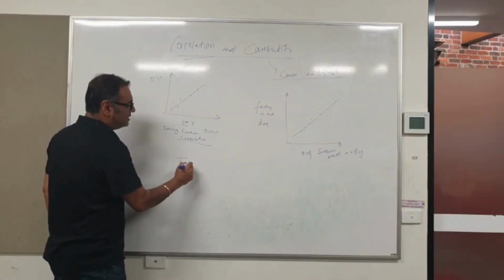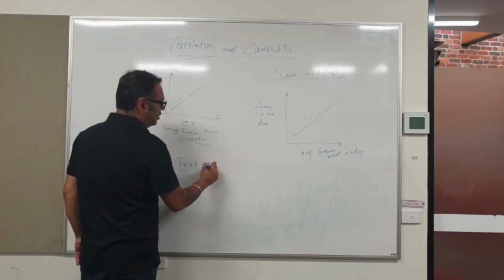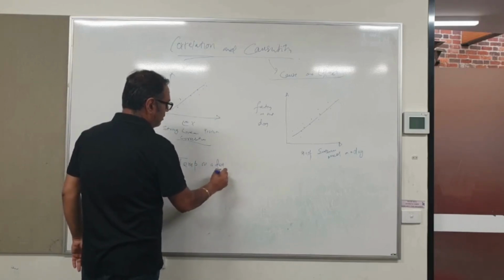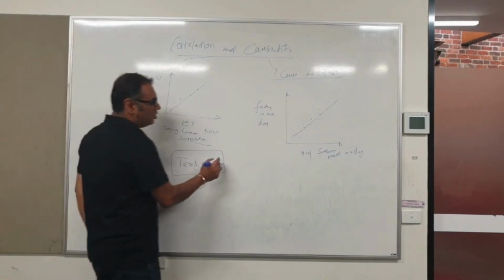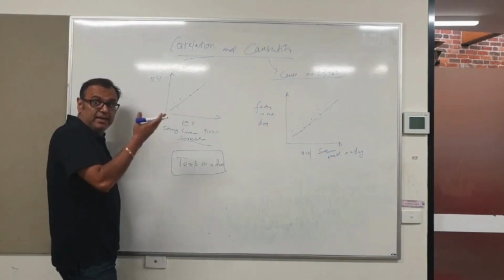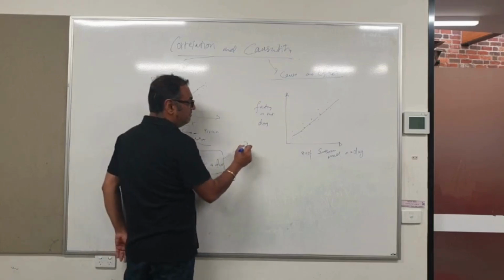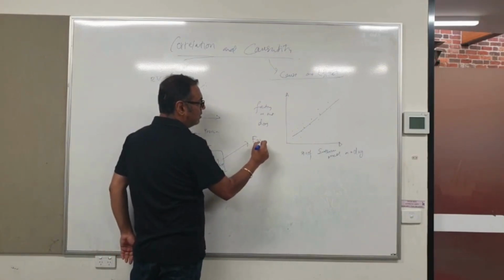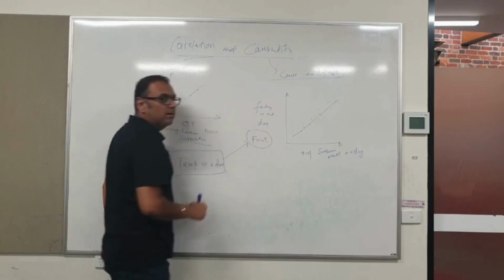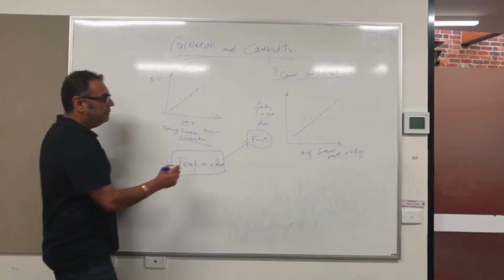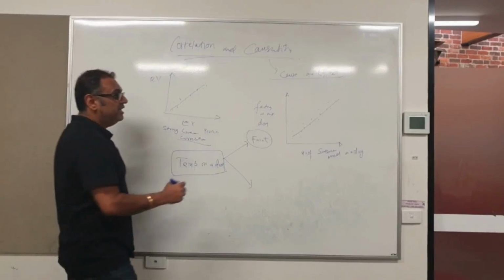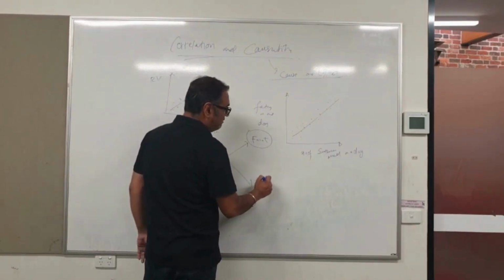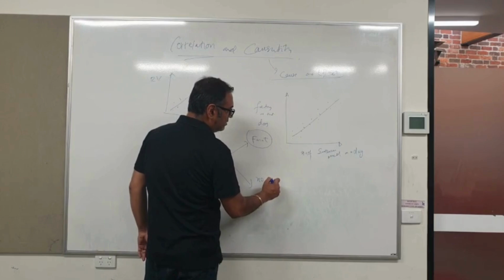Now, think about this one. You have, let's say, temperature on a day. If the temperature on the day is high, do you think people will faint more? Yeah. If the temperature on that day is high, do you think the number of sunscreens applied will be more? Yeah.